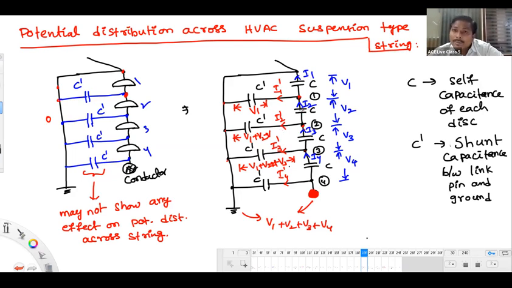Why are I1, I2 becoming unequal? Because of I1 dash. But in this comparison of I1, I2, I3, I4 currents, I4 dash does not come at all. I4 dash is not showing its effect in the comparison between these four currents. So these four voltages' distribution is not going to be affected by the last capacitor current.